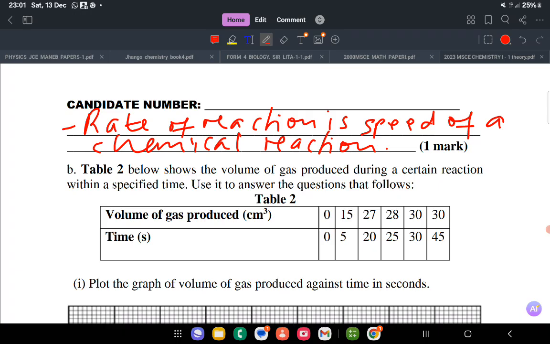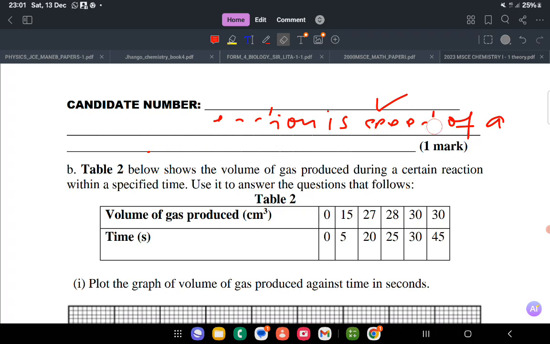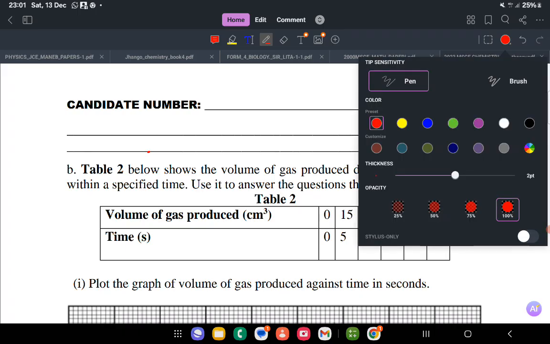Okay. If you want, you can leave your answer like this. Rate of reaction is the speed of a chemical reaction. But you can also say this. I want you to understand the different ways of defining the rate of reaction.